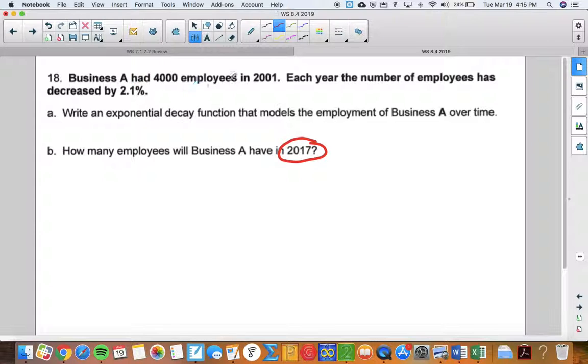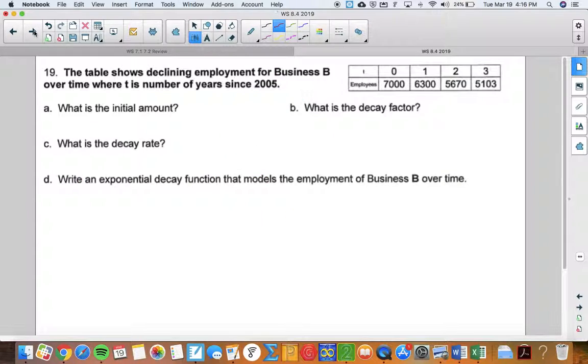The big thing there is the 4,000 employees occurred in 2001. So every year after that, we're losing 2.1%. So the difference here is 16 years. So in the equation that you created for A, your time would be 16 years. So 16 years later, after 2001, when we had 4,000 employees, how many do we have now-ish in 2017?